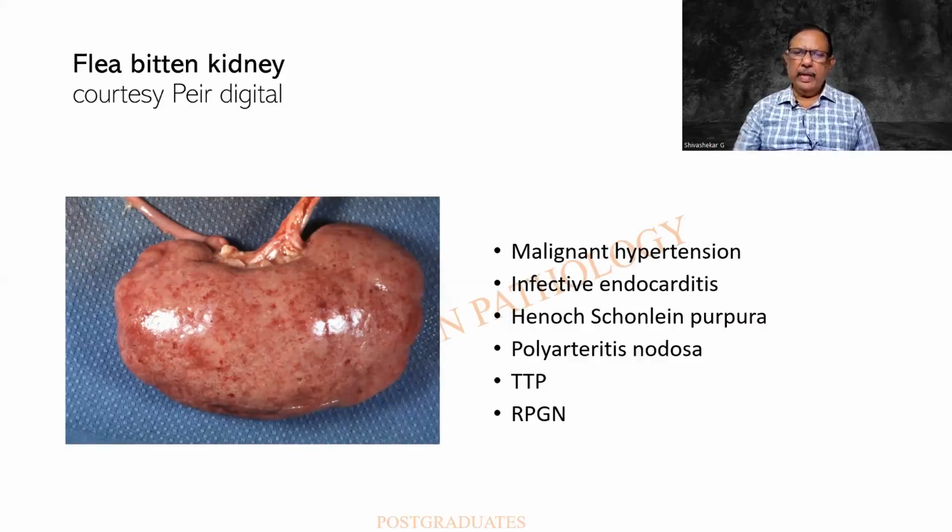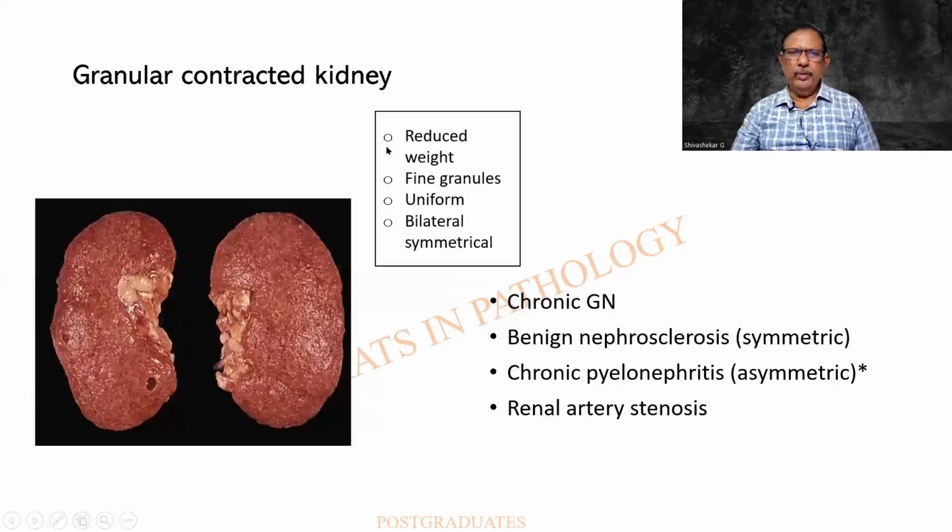So, malignant hypertension, infective endocarditis, Henoch-Schönlein purpura, which is a vasculitis, polyarteritis, again an immunological disorder, TTP, rapidly progressive glomerulonephritis. These are certain conditions wherein you can have this flea-bitten kidney. Kindly have a compilation of this and repeatedly read them. It will pay rich dividends in your exams.